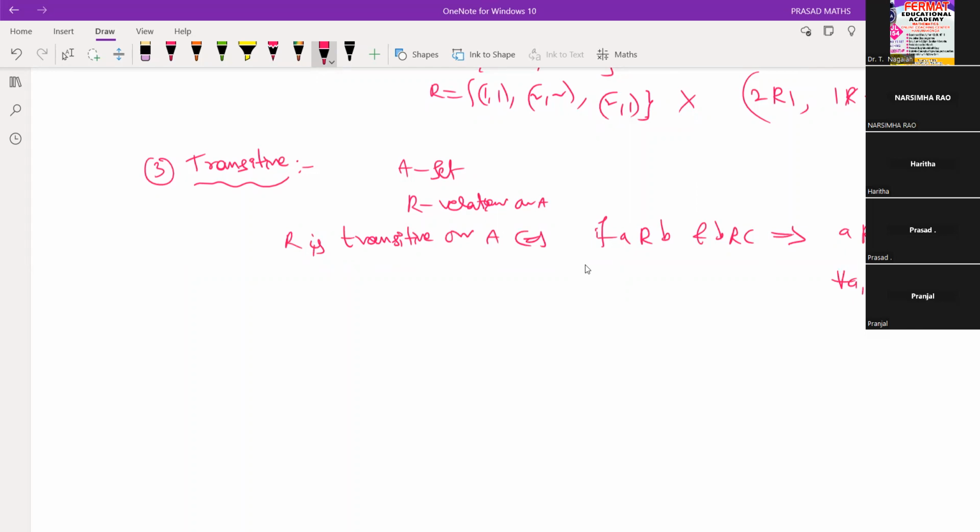If A related to B and B related to C are there, we need to show that A is related to C.